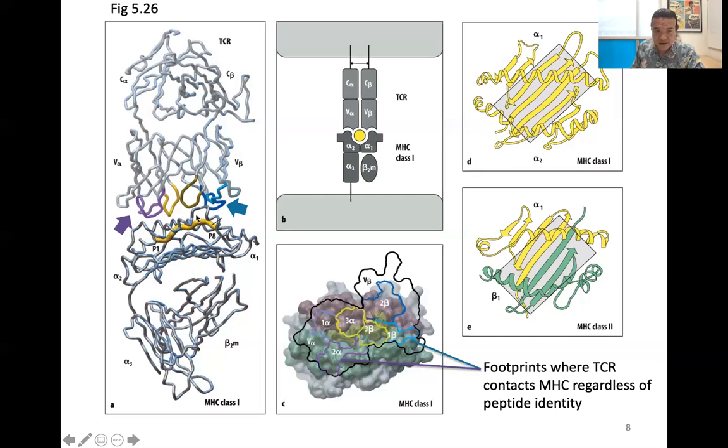So look at this interaction surface. Among the different loops that are part of the T cell receptor that are colored like two shades of purple, there's a dark purple, a light purple. It's kind of hard to tell. And then two shades of blue. There's a light blue and another dark blue one in the back there, right?